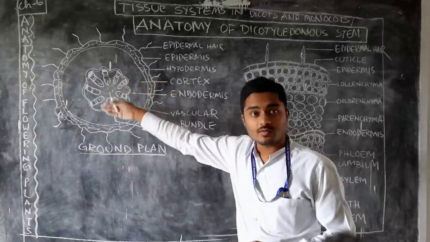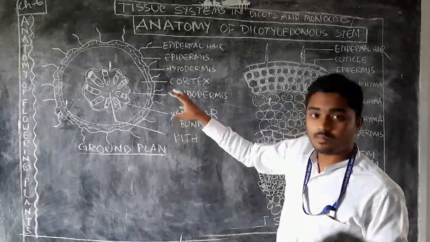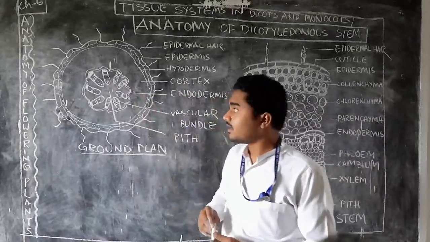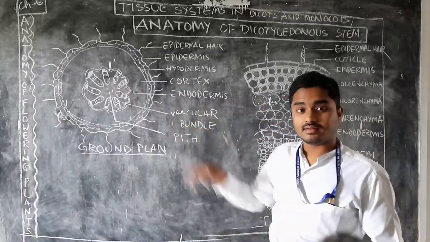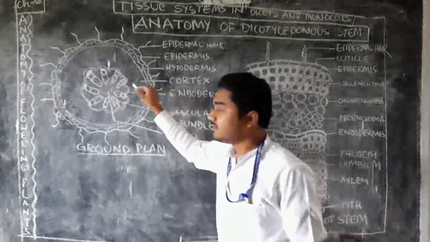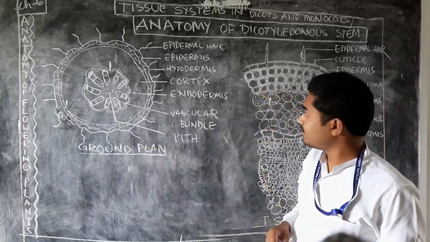Endodermis, the innermost layer of the cortex. Then vascular bundles. So here is the important or interesting thing: the vascular bundles are arranged in a ring, or they are in ring-like structures. And this is the reason why we will see secondary growth in a dicot plant.